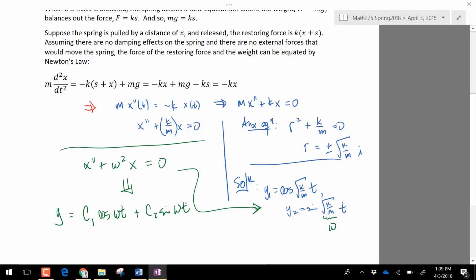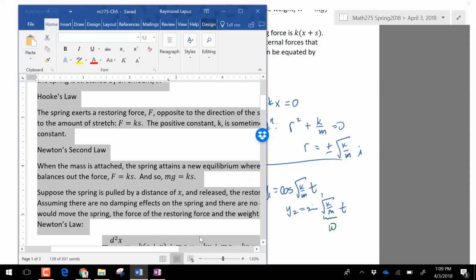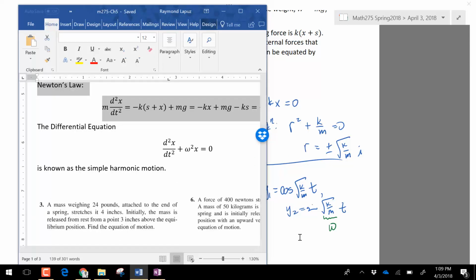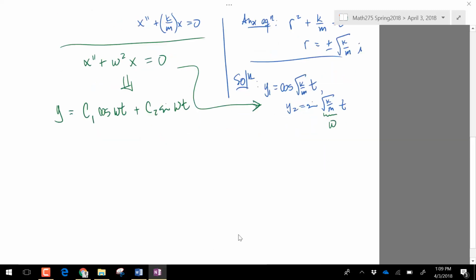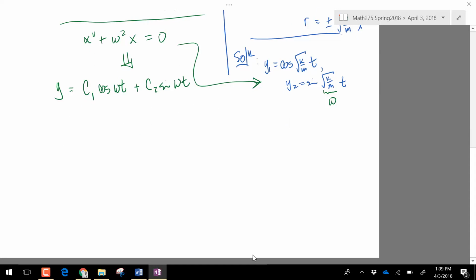And usually they tell you what the initial conditions are: when you pull the spring before you let go, or whether you let go or you actually give it some initial velocity. So they give a simple harmonic motion, perpetually oscillating; because there's no damping, you can't expect it to stop.